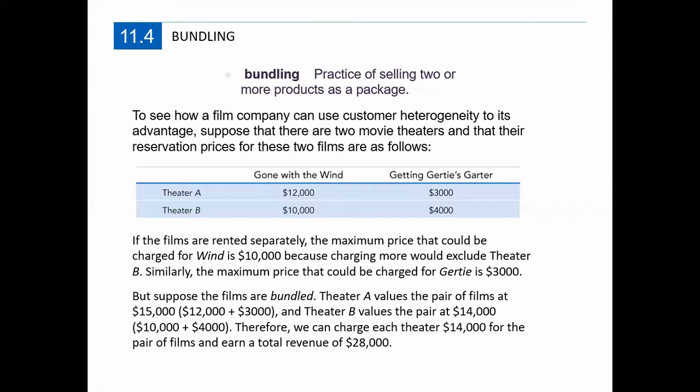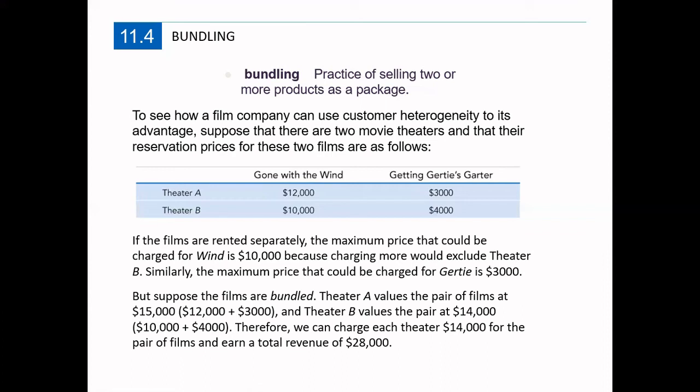So if you have two things together, for example in the products of McDonald's, if you have a combo, he's bundling for you fries with the sandwich with the Coke. So this is the bundling. But if you look here, 14,000 and 15,000 would give me 29.